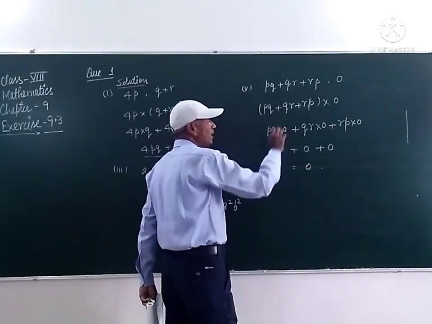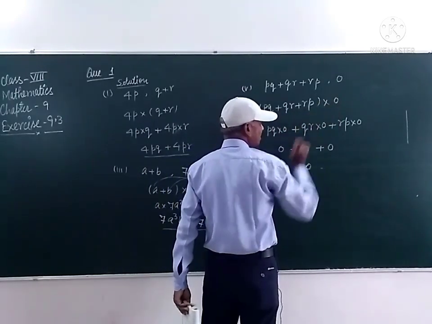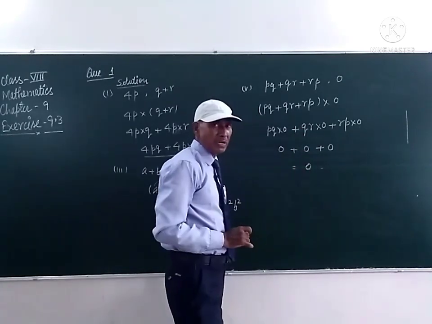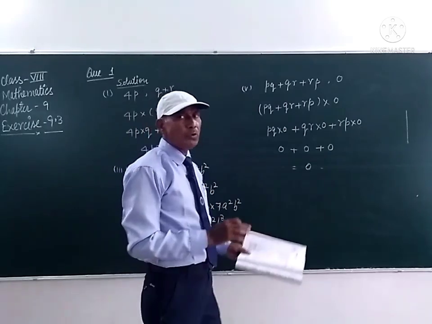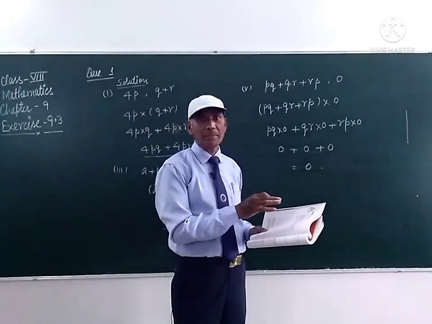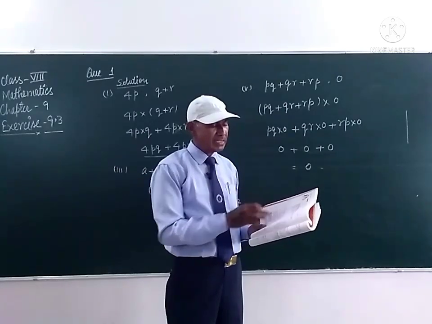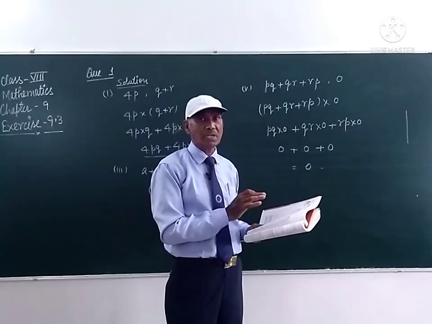If we multiply PQ plus QR plus RP with 0, then the product will be 0, students. So this is the first question, students, and two parts of the first question remain here, and you have to do those two parts, that is part second and part fourth of question number first.